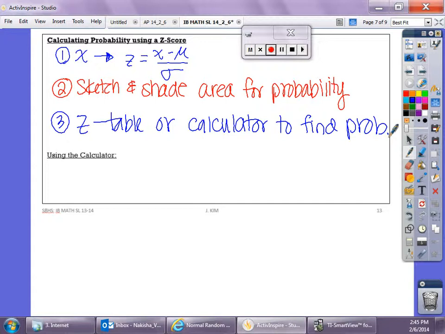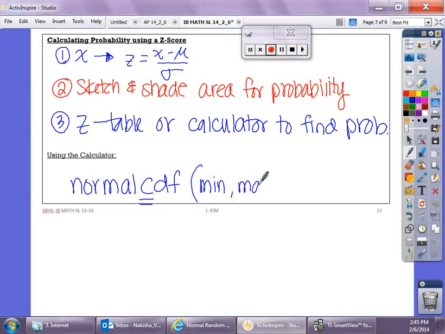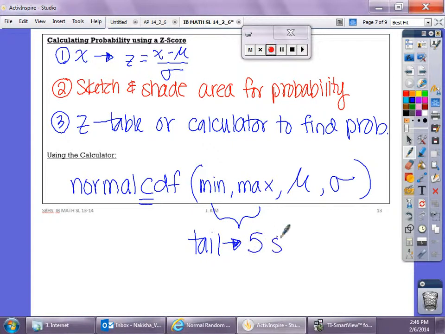So remember, using the calculator, normal CDF, cumulative, minimum, maximum, mu, and then standard deviation. Either of these two values, whichever one you're using, that you're using the tail. Remember the tail, you want to pick a random value, 5 standard deviations away, at least.